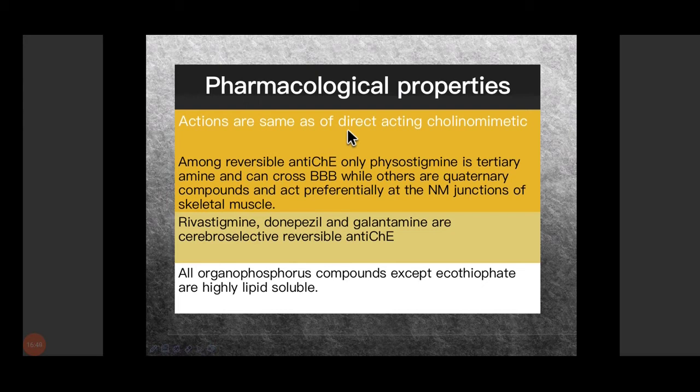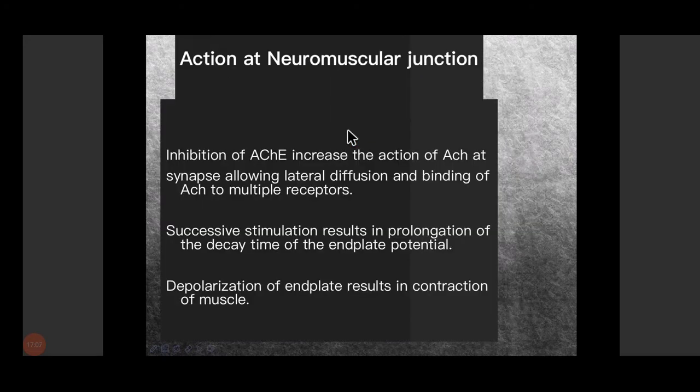On the contrary, all the reversible cholinesterase inhibitors are polar other than physostigmine, which is non-polar and can cross the blood-brain barrier. Now, this was about their polarity and about their distribution. Now, we'll be talking about their action at the neuromuscular junction.